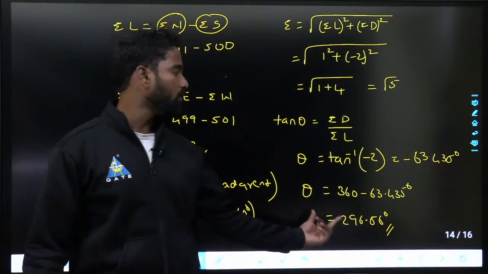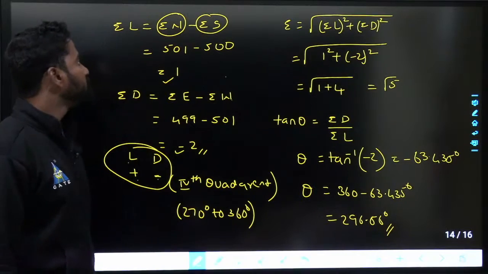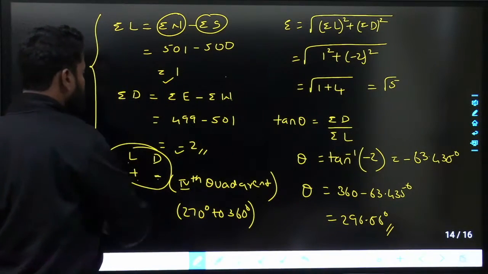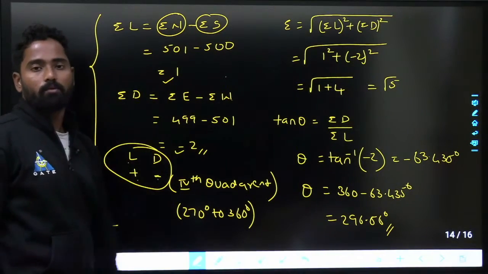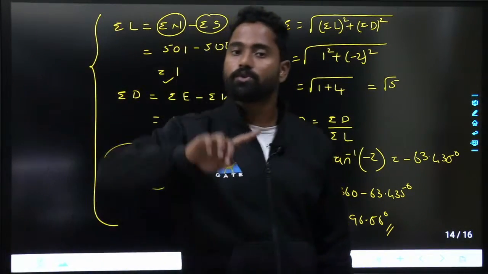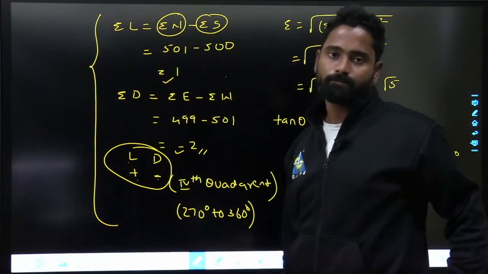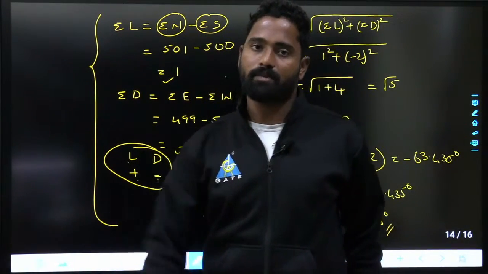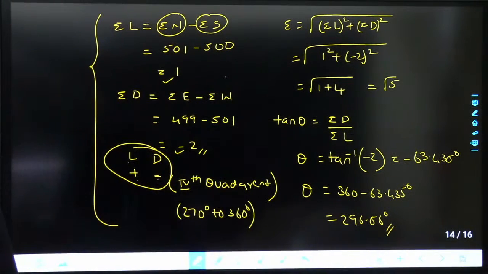Tan 296.56 will give you minus 2. This is how you find the summation of northings minus southings, and eastings minus westings. Eastings are positive, westings are negative, northings are positive, southings are negative. Any doubts in this? Please ask me.